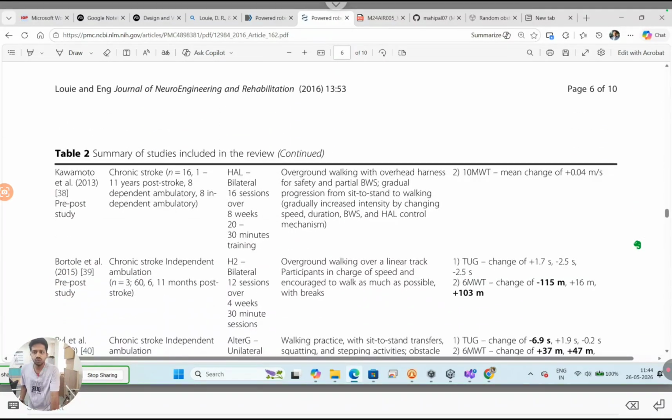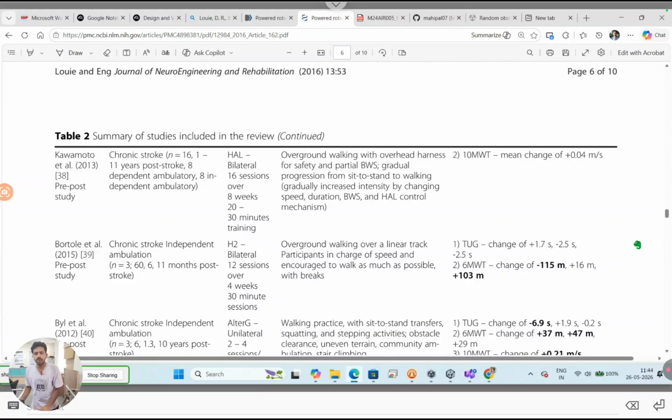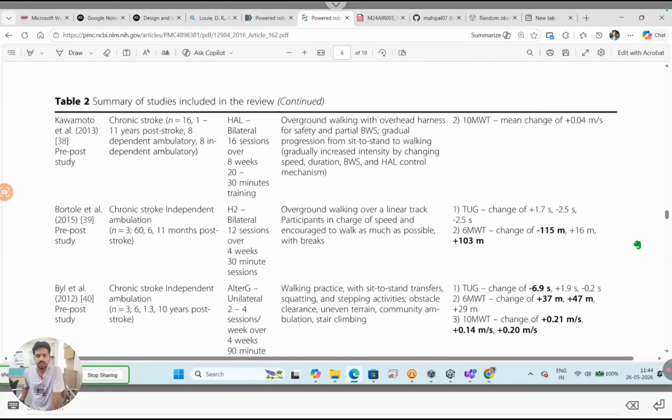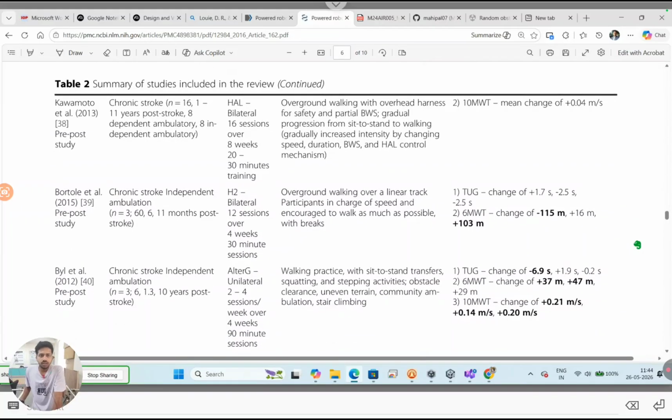This is table number 2, summary of studies included in the review. Okay, fine. Overground walking over a linear track, participants in change of speed and encouraged to walk as much as possible with PREX.